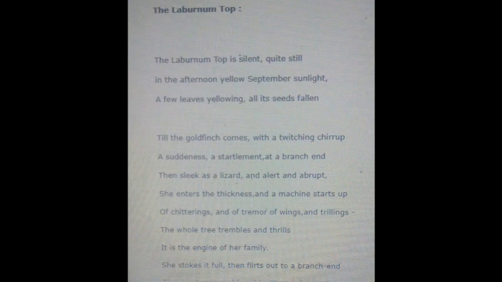Good morning, students. Today we are going to start the Laburnum Top line by line explanation. In the previous video you have seen the summary. I have given you the summary of the poem, and I hope you have noted it down, and please work upon it. And now we are going to start line by line explanation plus these literary devices.